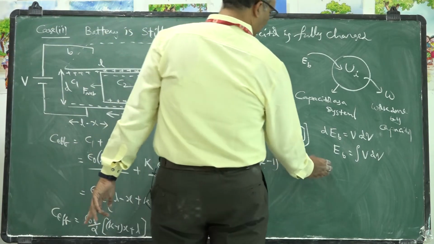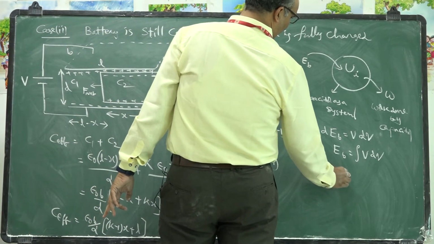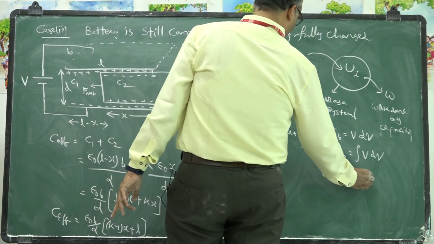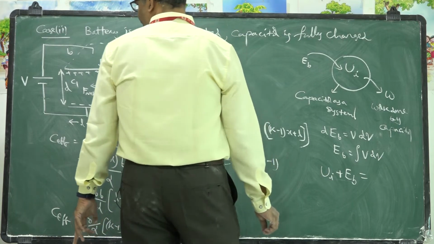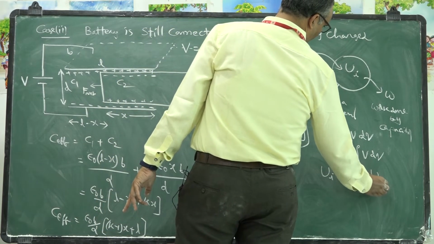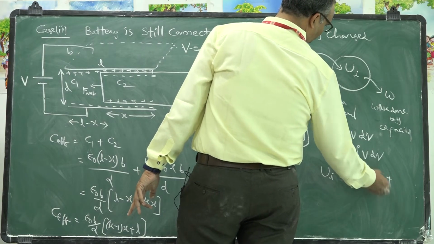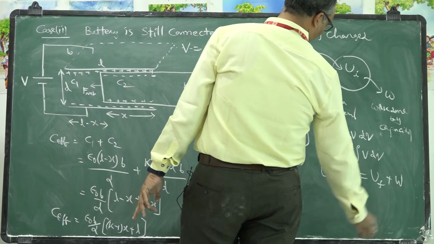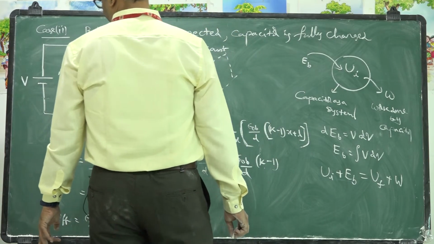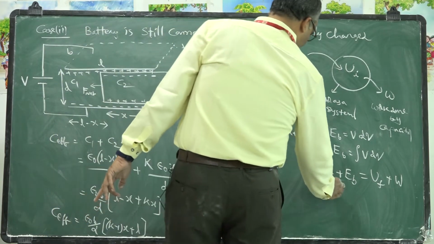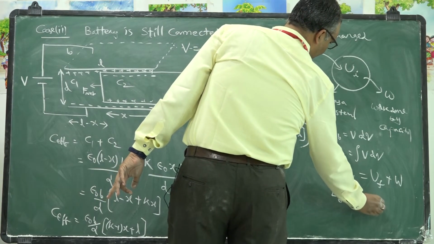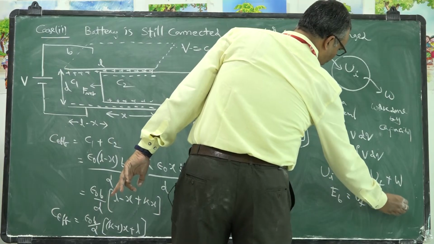Already some internal energy is there. It is added with the energy supplied by the battery, which is useful for doing some work, and some energy is left over, that is nothing but final energy plus work done. Then the energy supplied by the battery can be written as U final minus U initial plus work done.